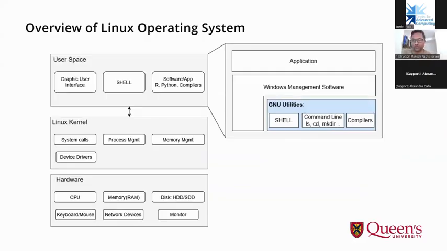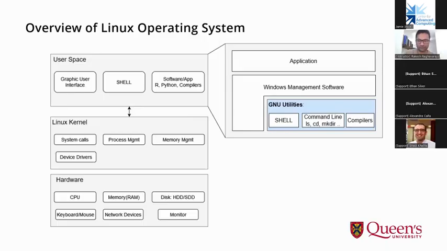To begin with, I'll give you a quick overview of the Linux operating system. Like most things in computer science, everything is divided into abstract layers. At the bottom, you have the hardware layer, which is the actual physical hardware that you have.